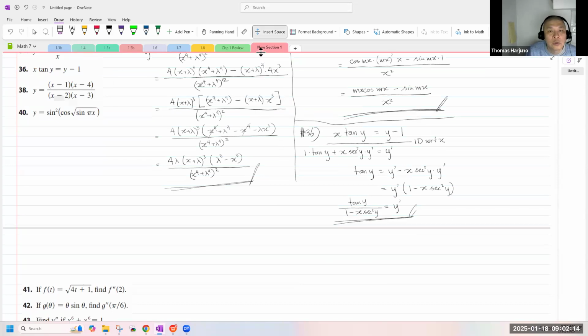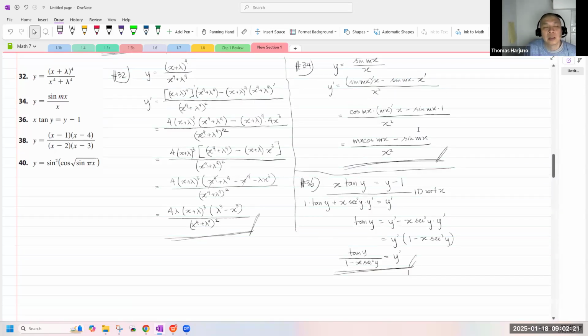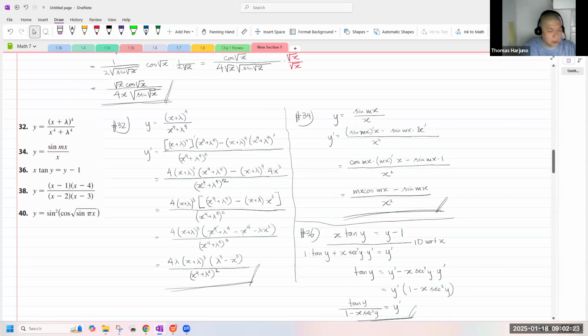Now you will see the focus of your test 2 later on. At least the heavy part is the limit. Now, I'm sorry, the derivative. Now, after this section is applications, which implies that you still need to know how to do the derivative.